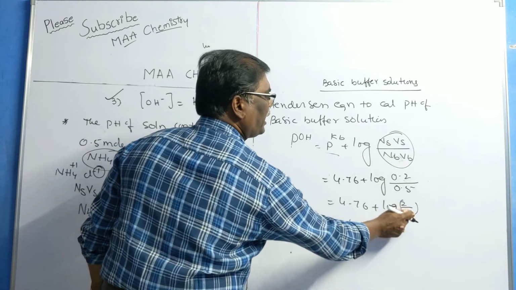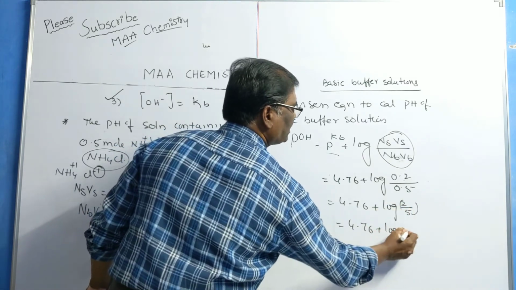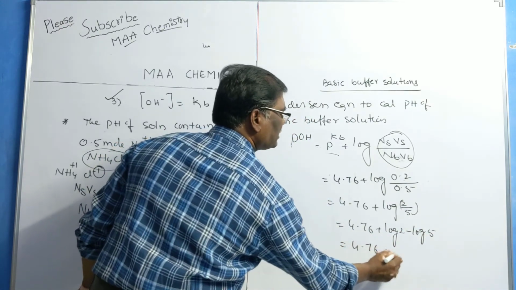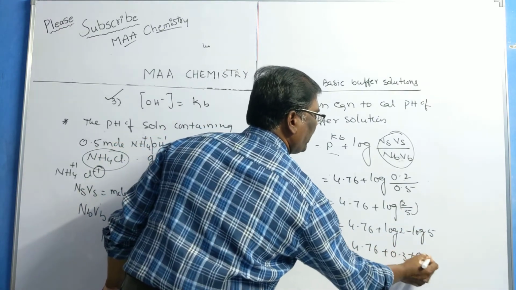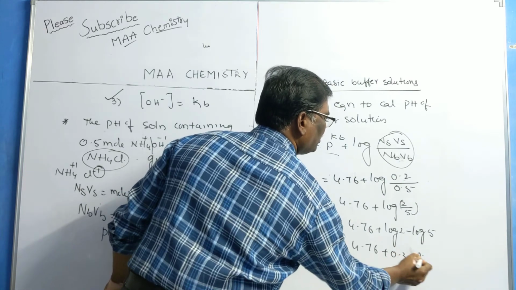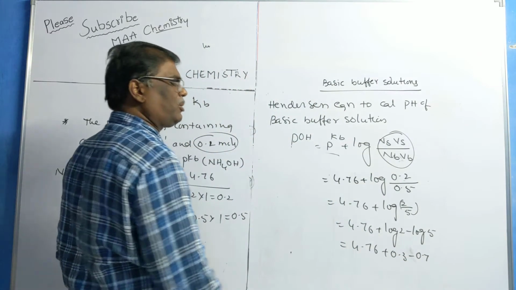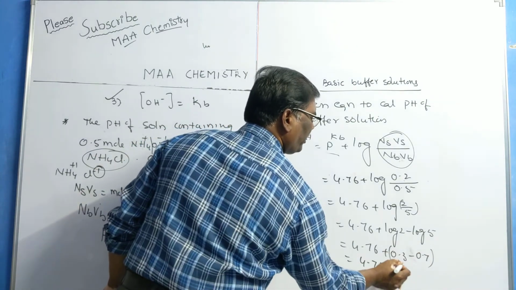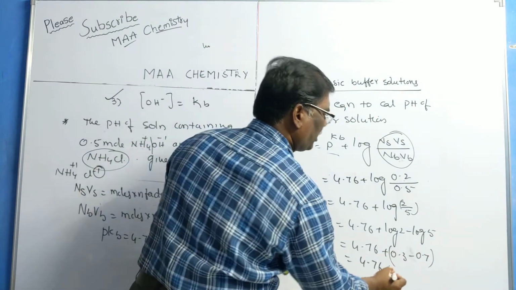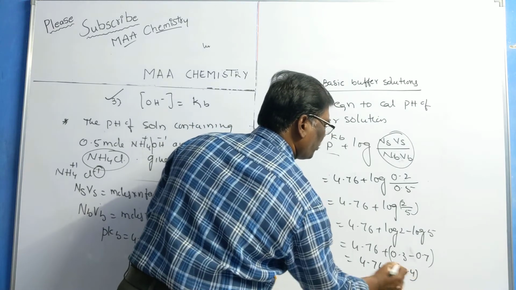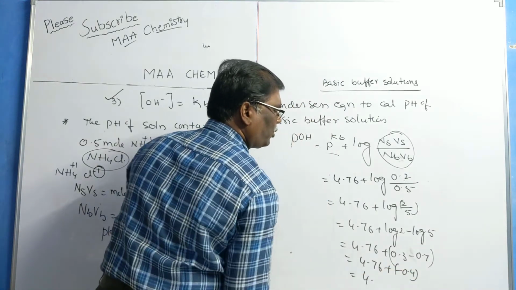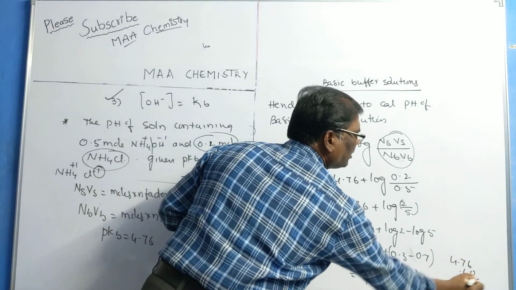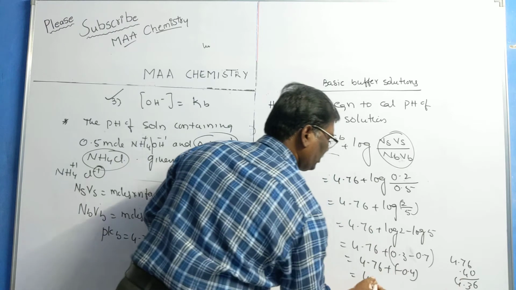Log m by n means log m minus log n. 4.76 plus 0.3 minus 0.7, since log 5 is 0.7. On simplifying these two, we get minus 0.4. Here 4.76 minus 0.40, so we are getting 4.36.